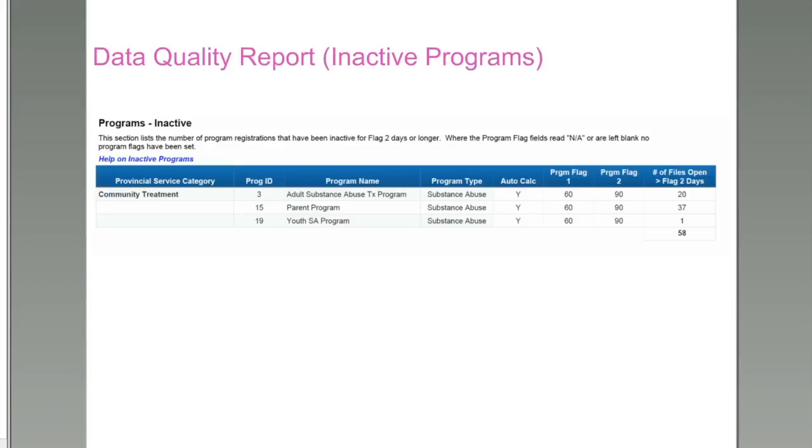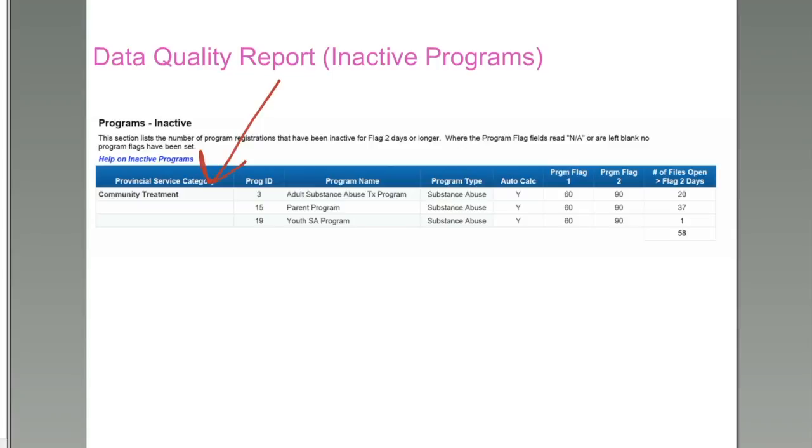Okay, so again, zeroing in on this Programs Inactive section, we take each of those sections and highlight the data as the report goes through. In this particular section, the first column is the service category, and then you get your program IDs, the names of the programs, and then really where the meat and potatoes is in this section.